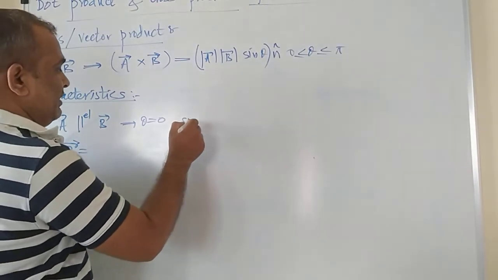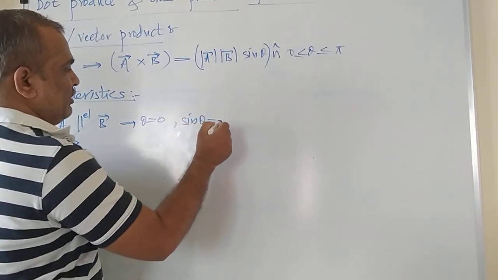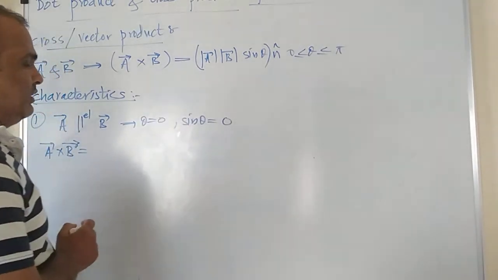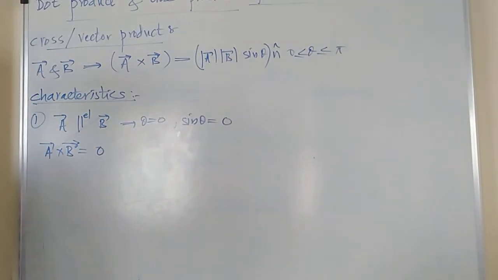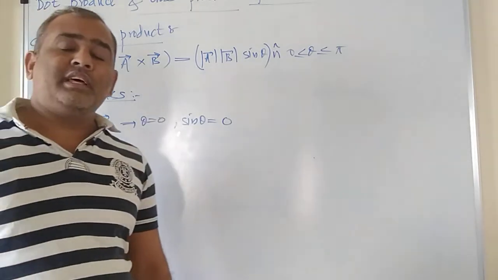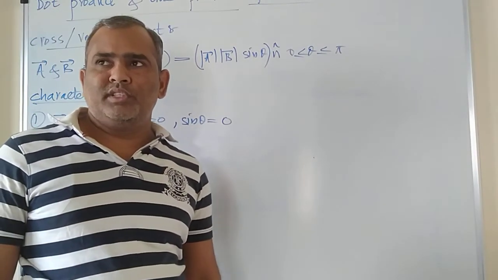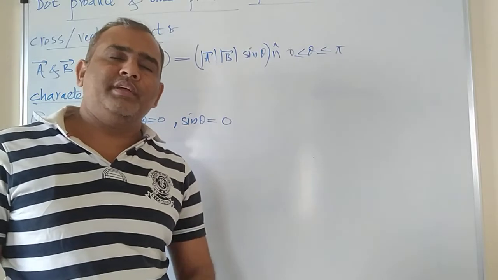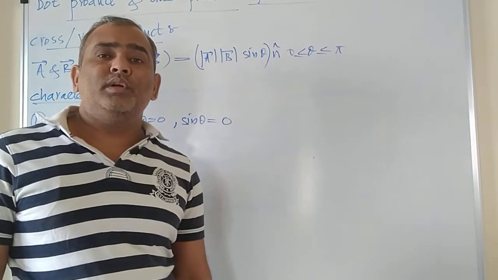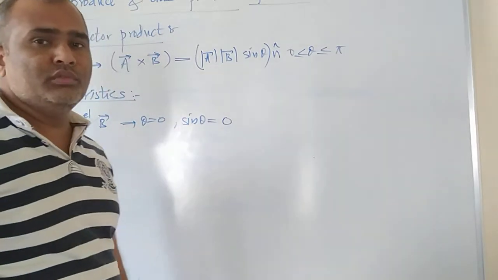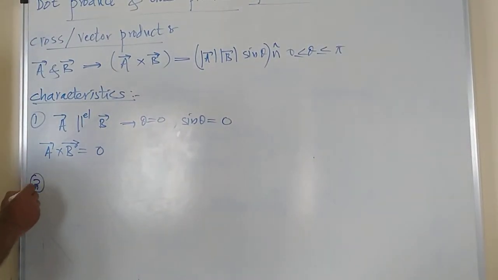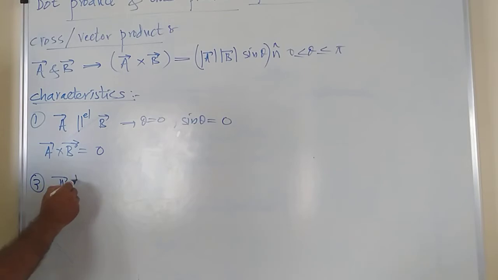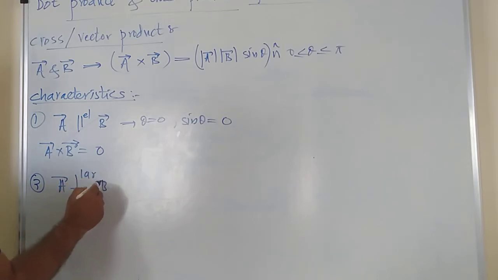Here we have sin theta, so sin 0 is equal to 0, not 1. Cos theta is 1. So this will give me a 0 value. That means if the two vectors are parallel to each other, then their cross product is equal to 0. Or in reverse way, if the cross product of two vectors is 0, that means these two vectors are parallel to each other.